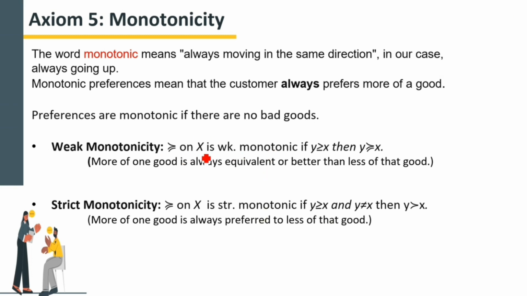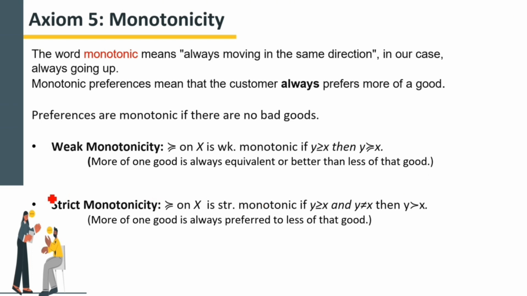A preference relation on X is weakly monotonic if Y has at least as much of every good in the bundle X, then bundle Y is weakly preferred to X. It means Y is at least as good as X. So, in the case of weak monotonicity, more of one good is always equivalent or better than less of that good.